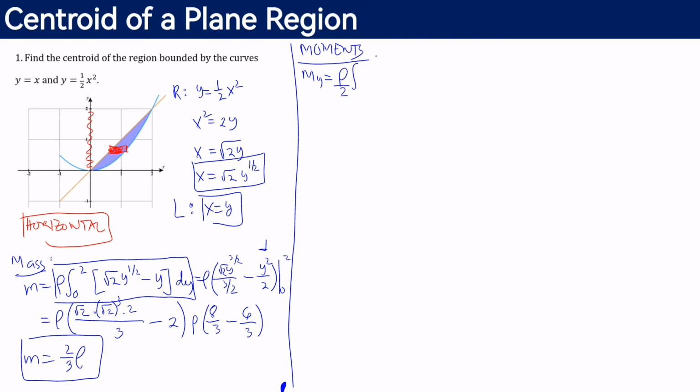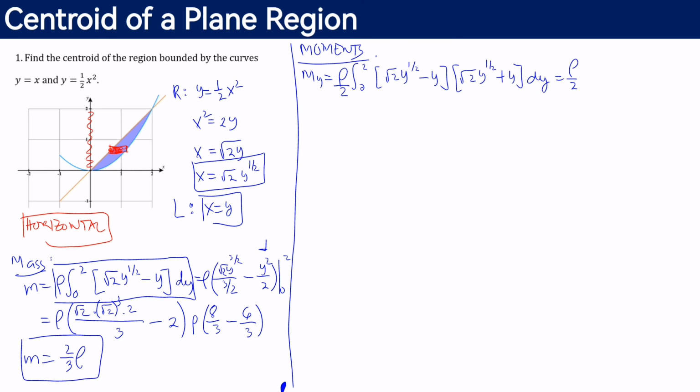I have here rho, integral from 0 to 2, of the square root of 2y minus y, times the sum, square root of 2y plus y, dy.